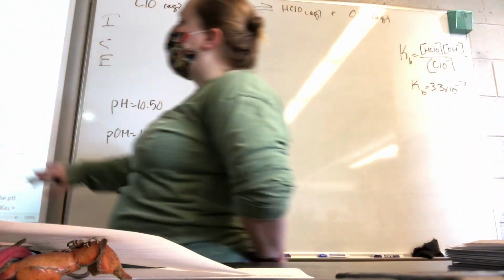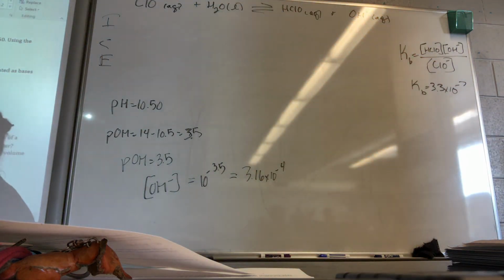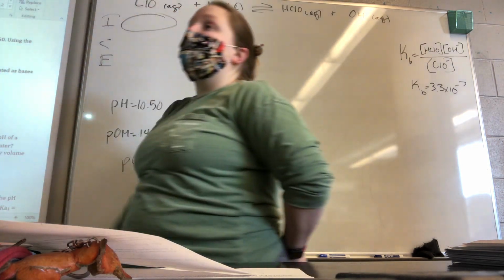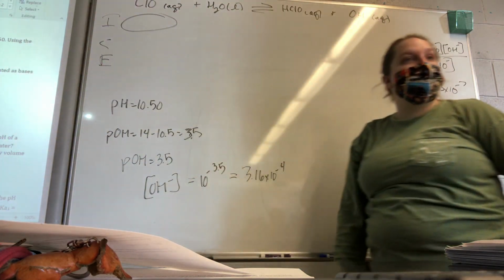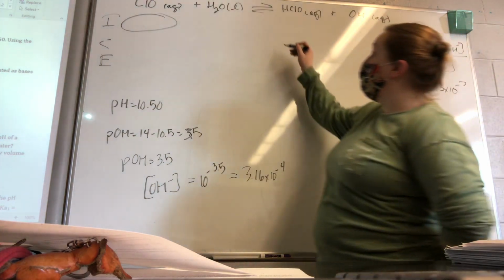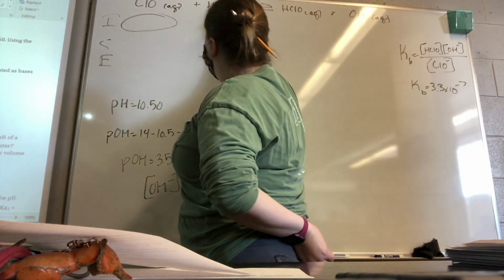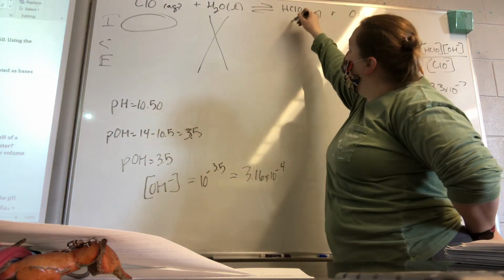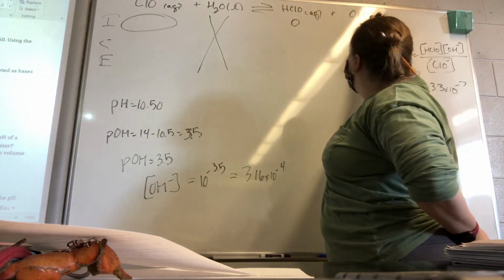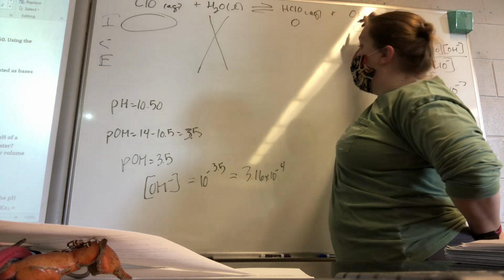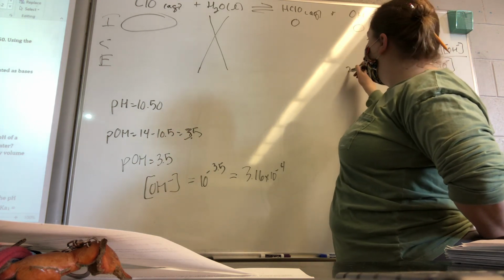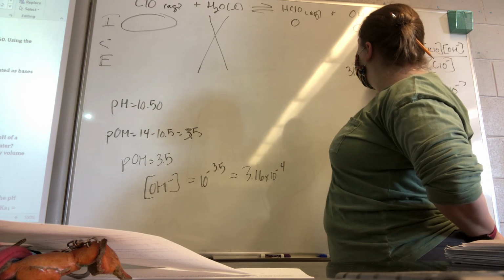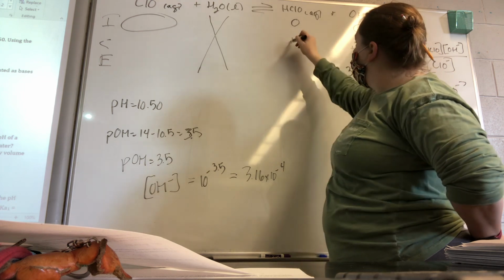In this particular reaction, I'm looking for the concentration of ClO minus, meaning I'm looking for this. We know that likely this started at 0, this too, and we know that it became this.